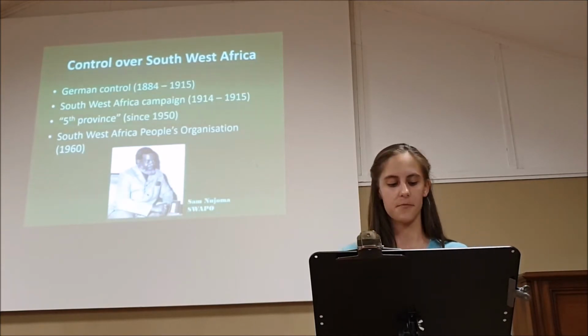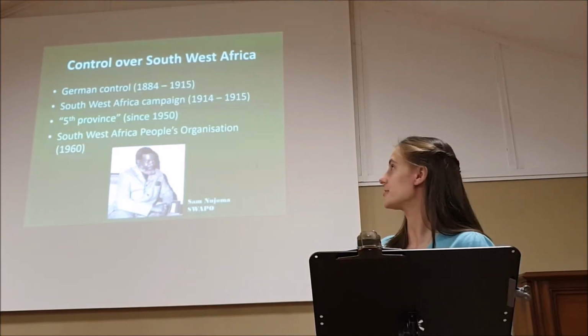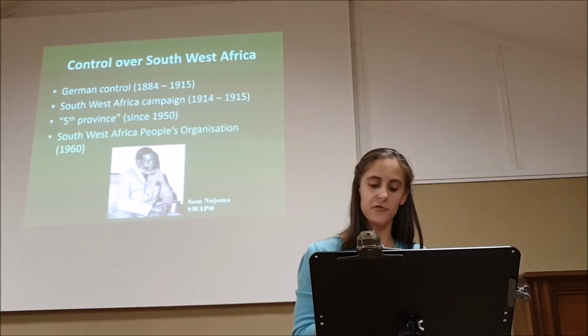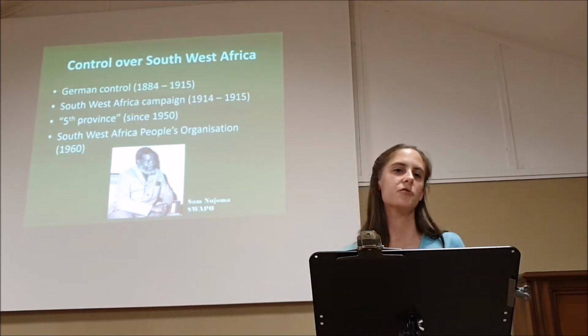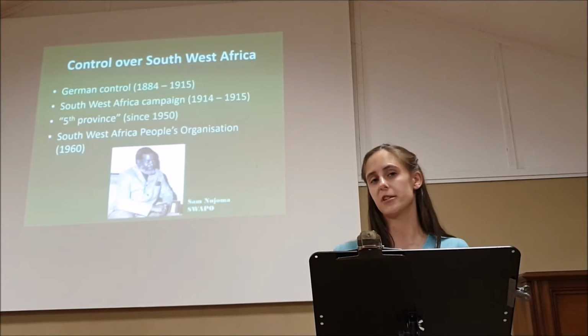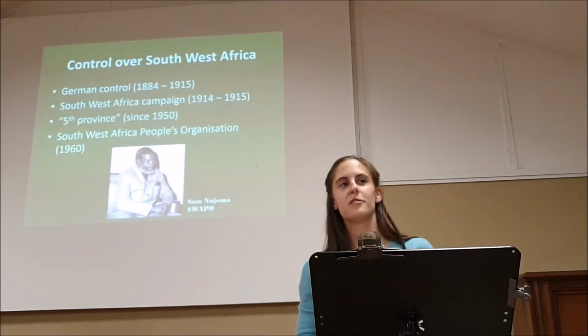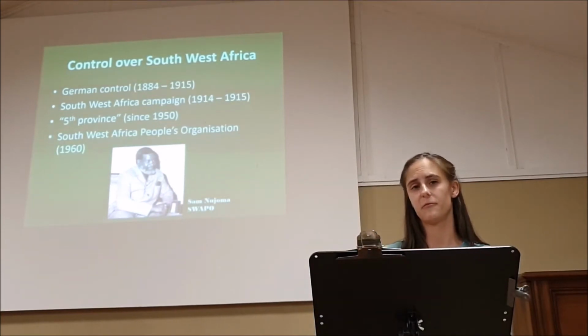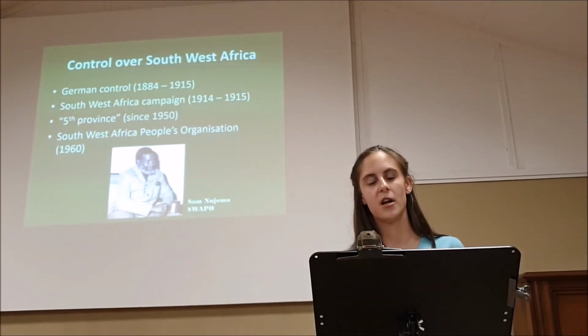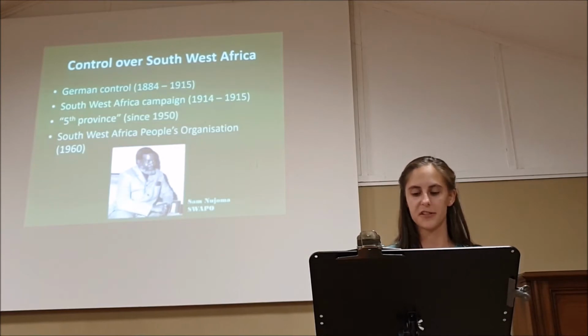Now, this is 1946, and South Africa refuses to hand over Southwest Africa to the United Nations or to grant it independence. It became a de facto fifth province of South Africa, like the Cape or the Free State.